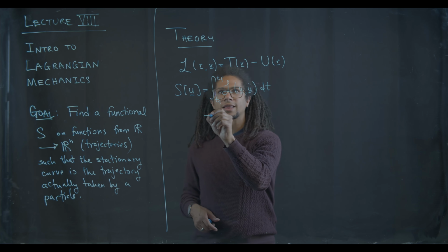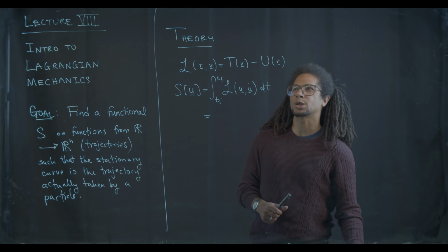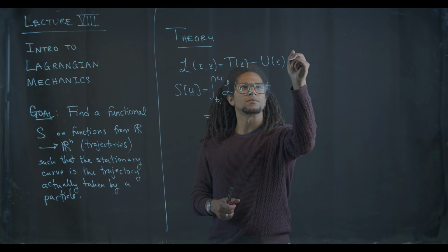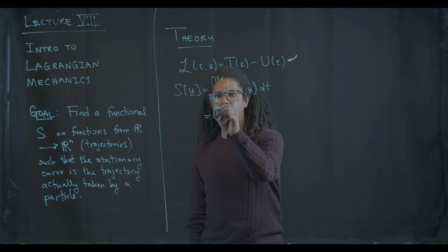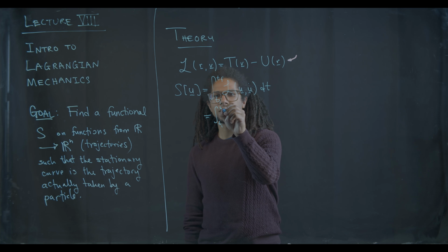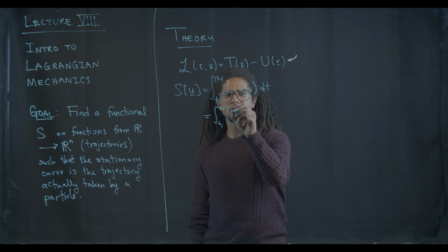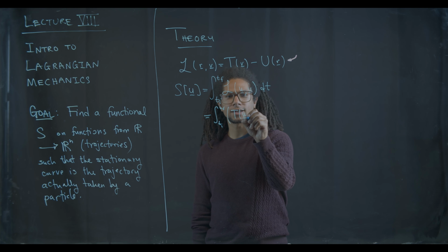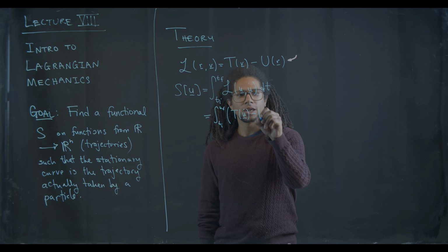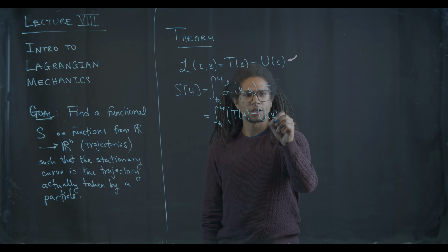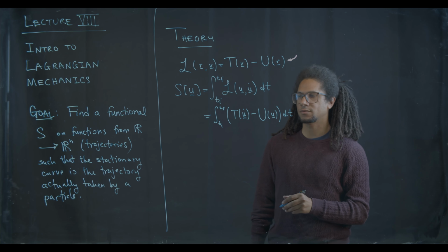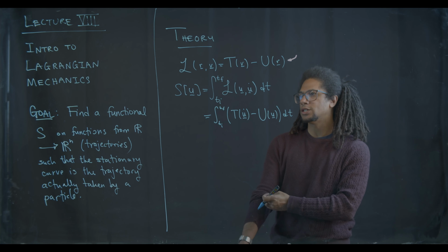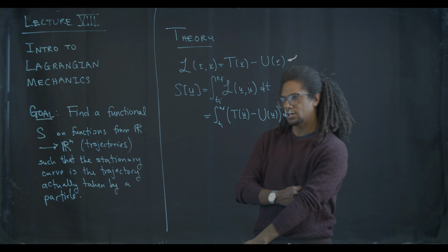And now let's rewrite that using the form that we actually have here. So this will be the integral from t_i to t_f of T of u dot minus U of u vector, dt. Okay, now all we need to do is find the Euler-Lagrange equations.